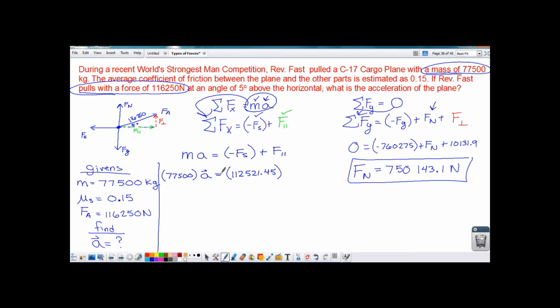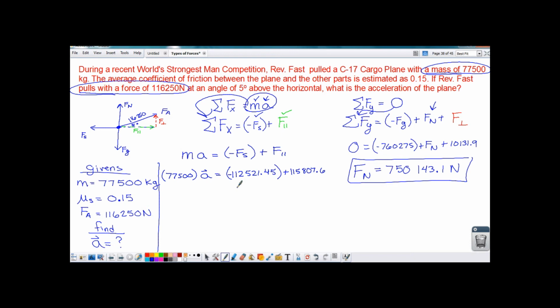And again, that was pointing to the left, so I make that negative, plus the parallel component, which we found was 115,807.6 newtons.